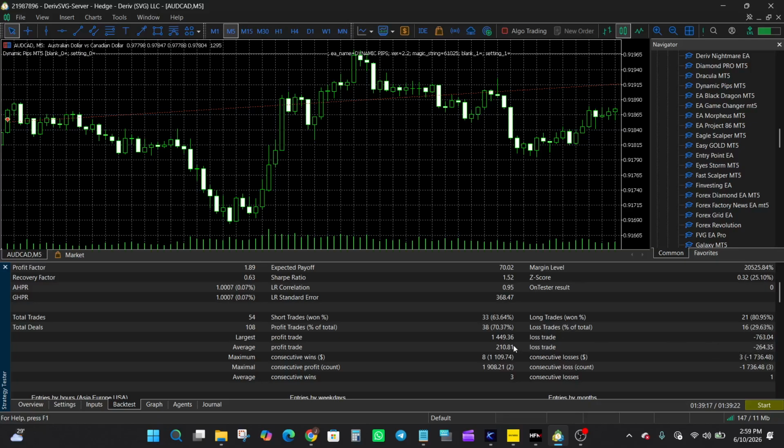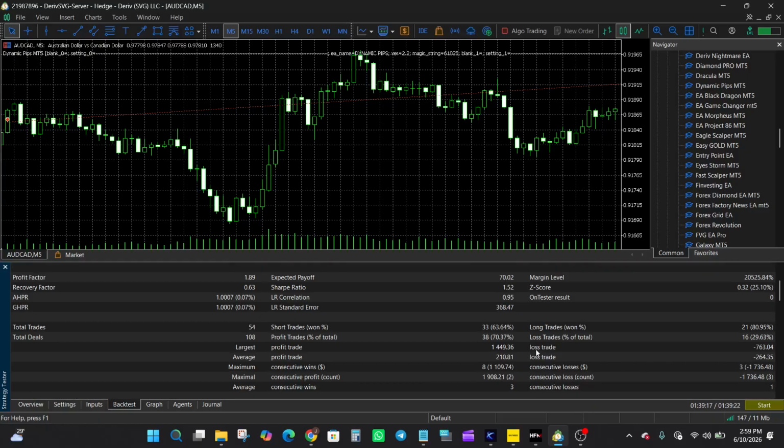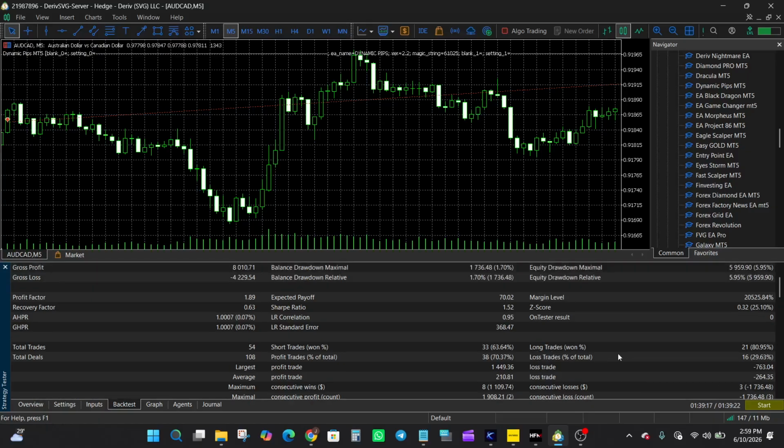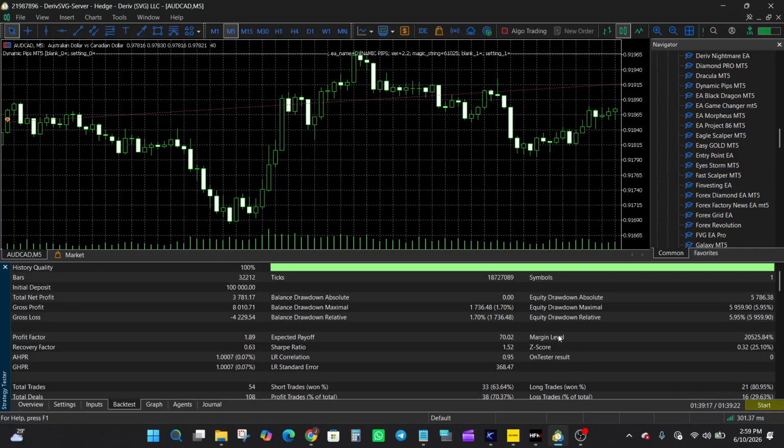264.35. So this shows me that the risk to reward ratio is pretty bad on average, even though the difference is not extremely much, but the average loss is higher than the average profit. And the win rate is not really excellent on average if you take the average of the short trades win rate and the long trades win rate. Right? The win rate is okay.